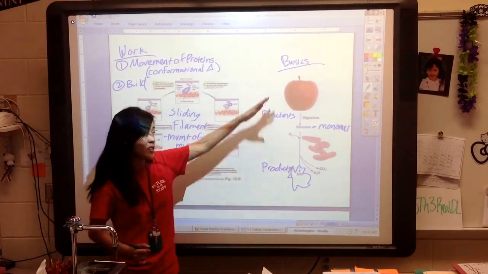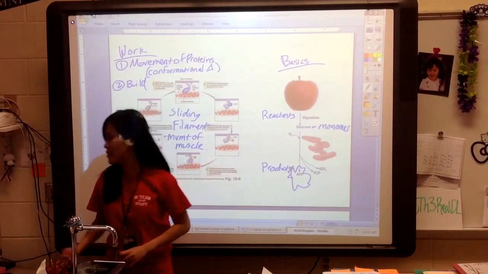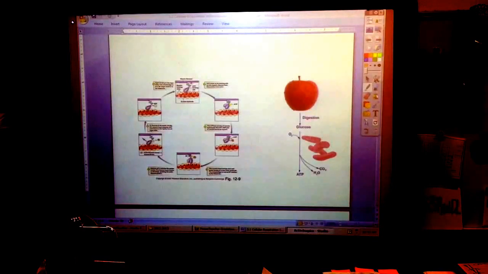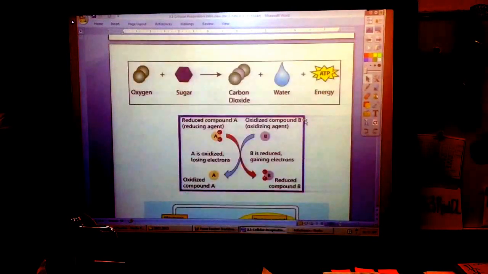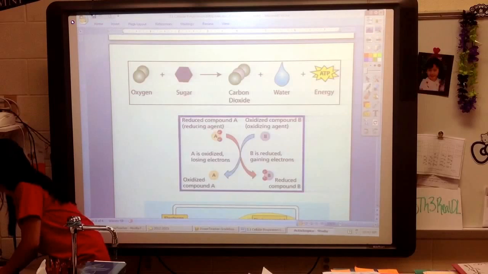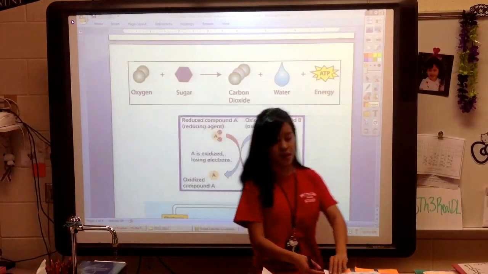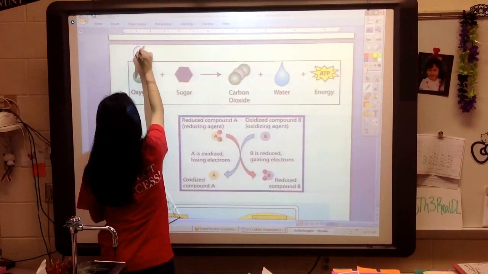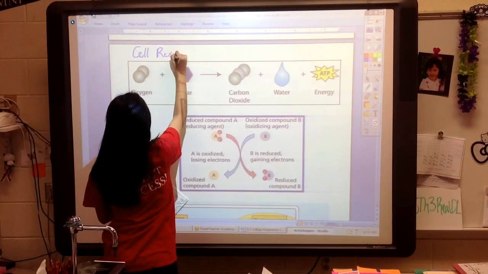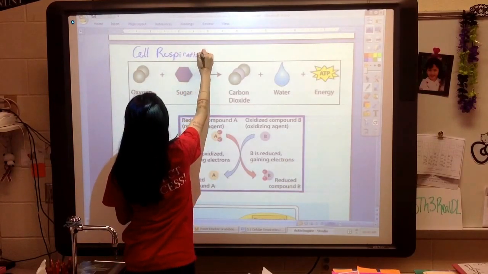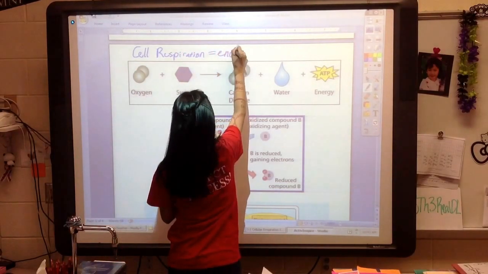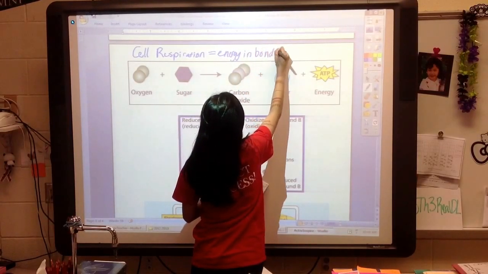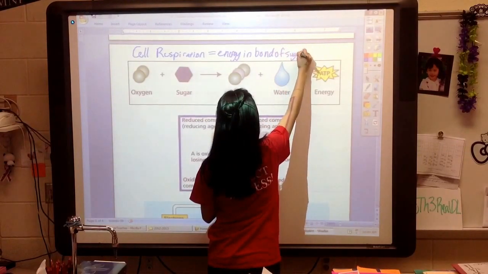Okay? Now we're going to look at this process in a little more detail. So when we're looking at the main equation for cell respiration, one thing you want to remember is that in cellular respiration, the energy is in the bonds of the sugar molecule.